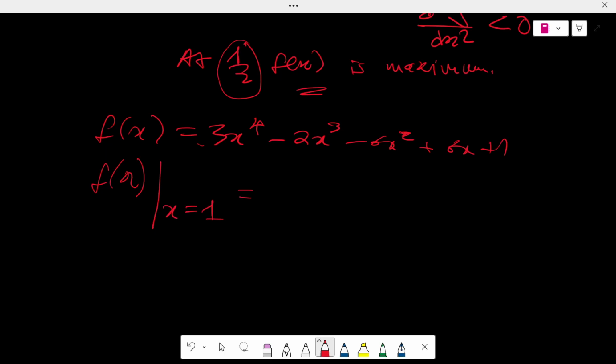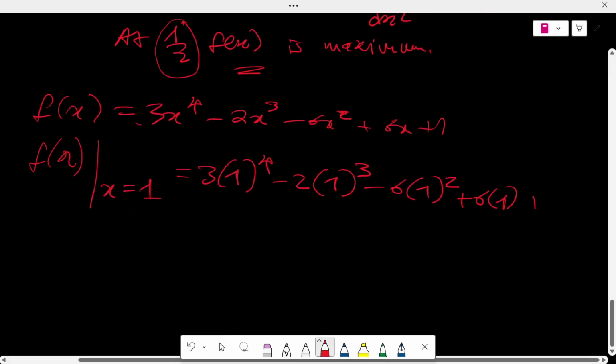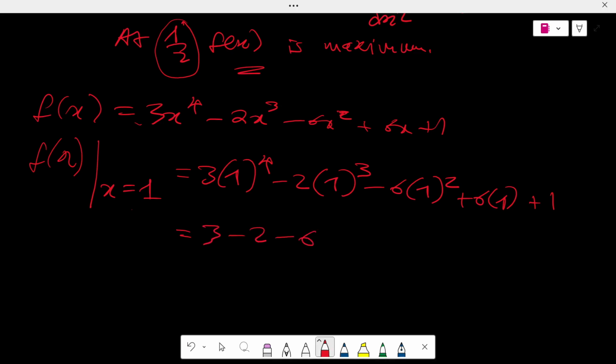So we have the minimum value at this point. So here we have this, here we have this, here we have this, then plus 1. Then this will be 3 minus 2 minus 6. Then we have plus 6, then plus 1.